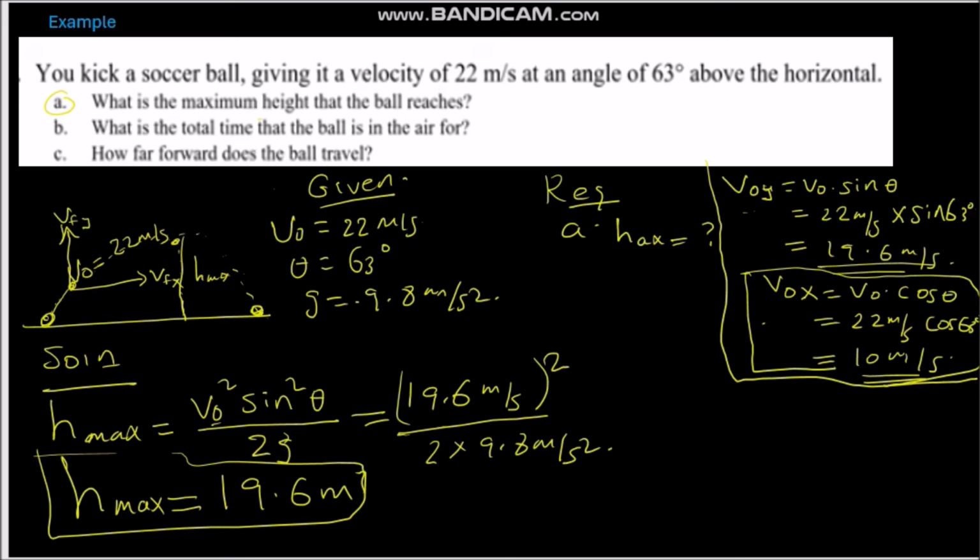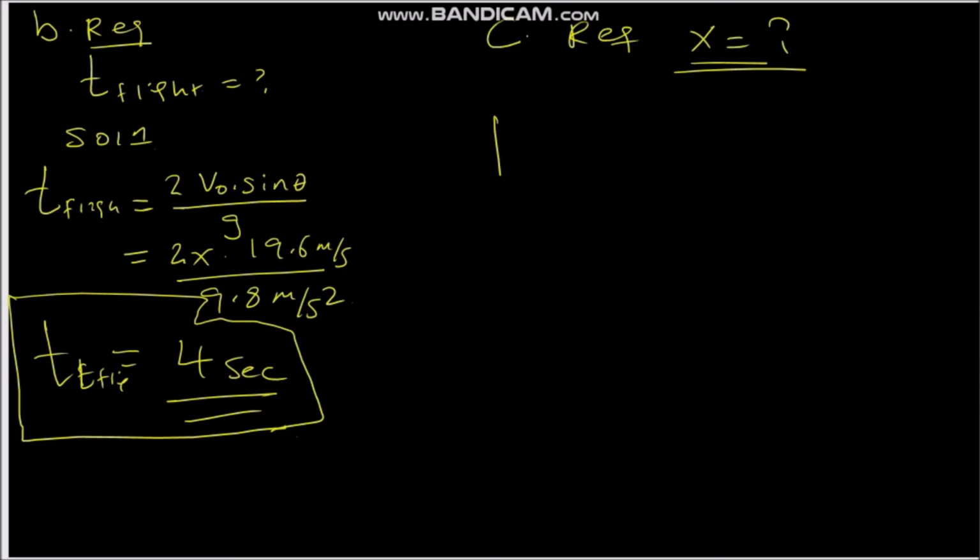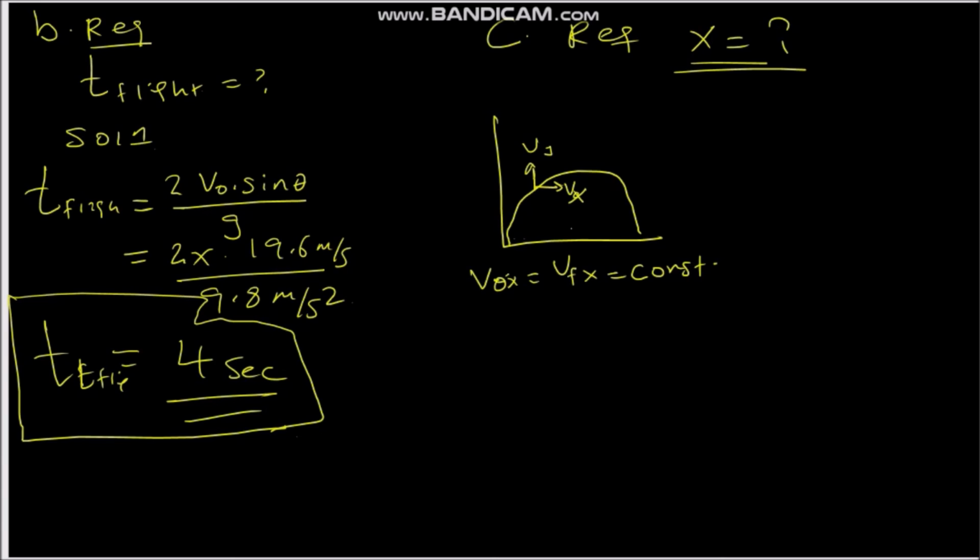But it's constant. V naught x is constant. If we take any point, the horizontal velocity v final x equals v naught x, which is constant for the horizontal motion.